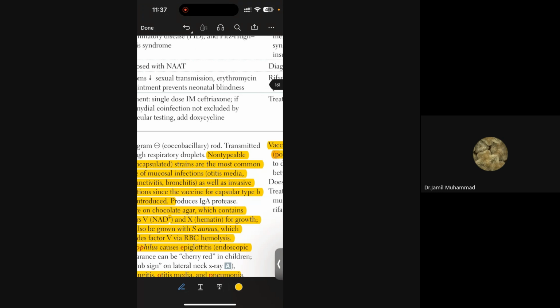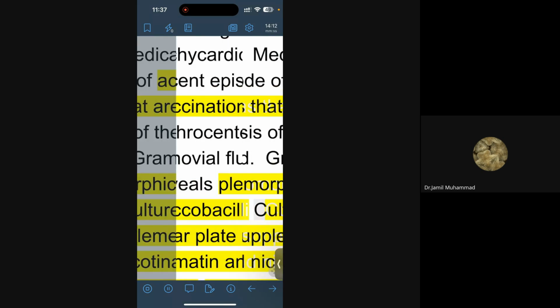Haemophilus influenzae has many types, and the vaccine we give usually covers the capsular type. But in this specific patient, the patient has not taken any vaccination; he is not up to date.